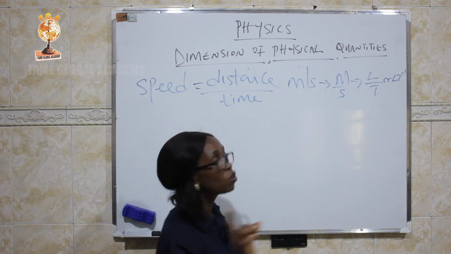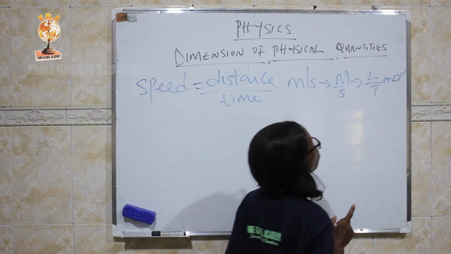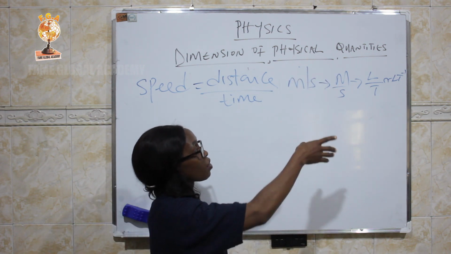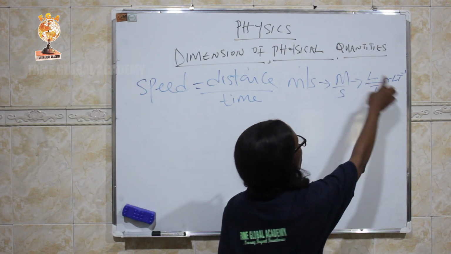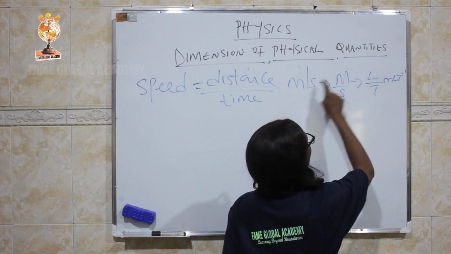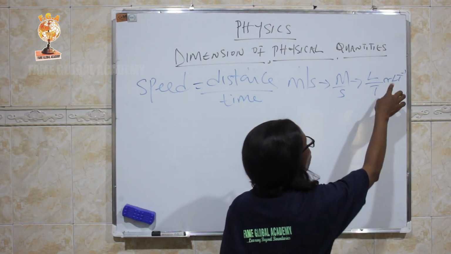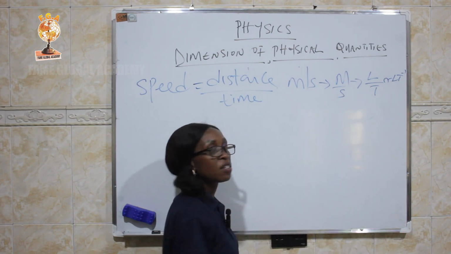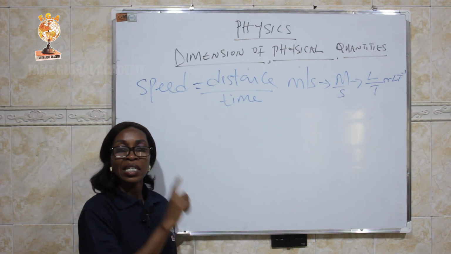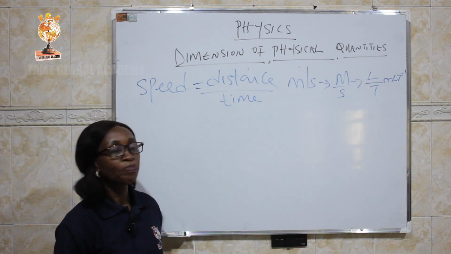We preferably use this LT minus 1, which is the same thing as meter per second. So from here too, I am able to find out this. Meters is length, seconds is time. So LT minus 1 is the dimension for speed.